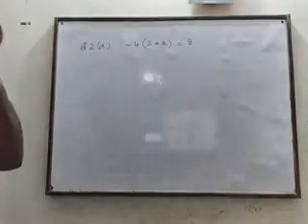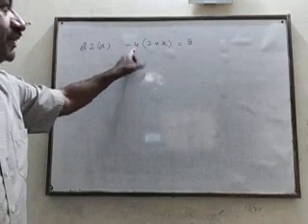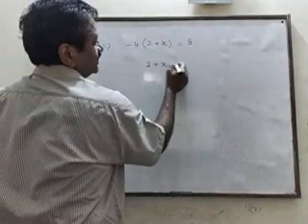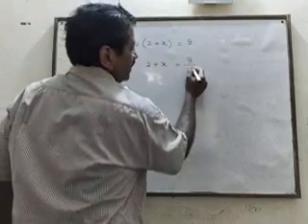Now this minus 4 is multiplying with the whole left hand side, so shift it to the right hand side. So it will become 2 plus x is equal to 8 upon, it will go minus 4.